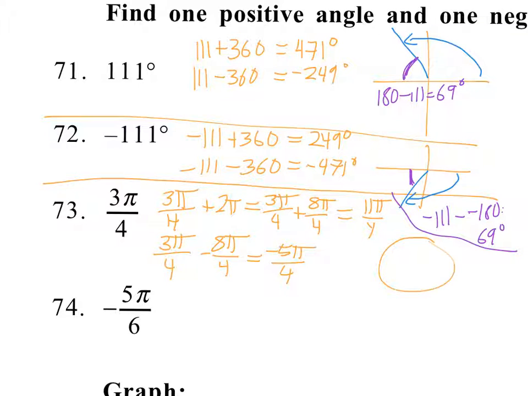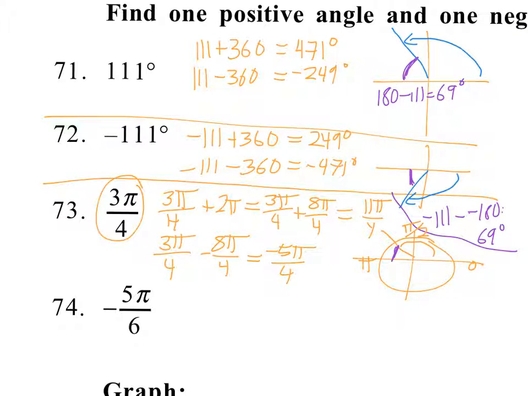For the reference angle part, I need to figure out where in my circle this fits. So if 0 is here, pi is here, a half pi is up top. This is 3/4 pi. So 3 pi over 4, 3/4. I'm going to go 3/4 of the way to pi, and my angle is up there. I've got to figure out what that angle is.